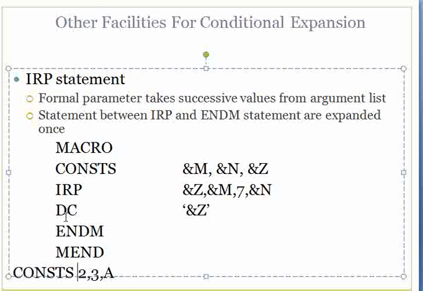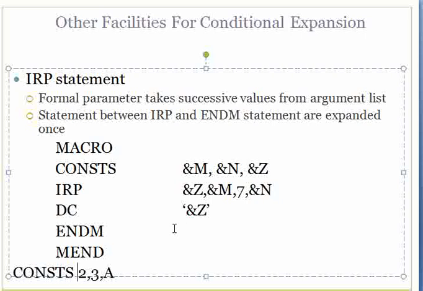It will take the value 2 and then declare it. So it declares a constant of 2. Then Z will take the value 7 and declare the constant 7. Then Z will take the value 3 and declare 3. This is how IRP works. What this IRP does is, this parameter Z will take the successive values of these parameters, that is M, 7 and N.